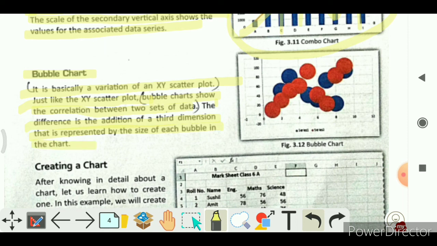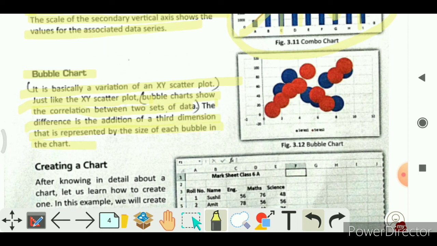It means it is just like the XY scatter chart, and this shows the correlation between the data, and here we can specify the data using a third dimension of the property, which can be represented by the thickness or we can say the size of the dot.